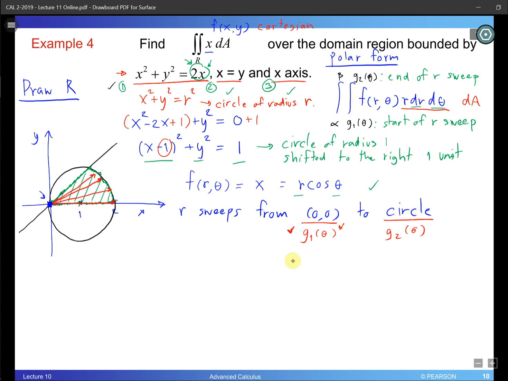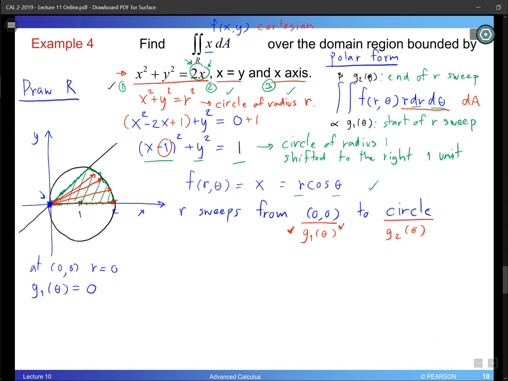Okay, so which means that at (0, 0), radius equal to 0, which means that g1 theta is going to be equal to 0. Okay, so now we got the g1 theta.